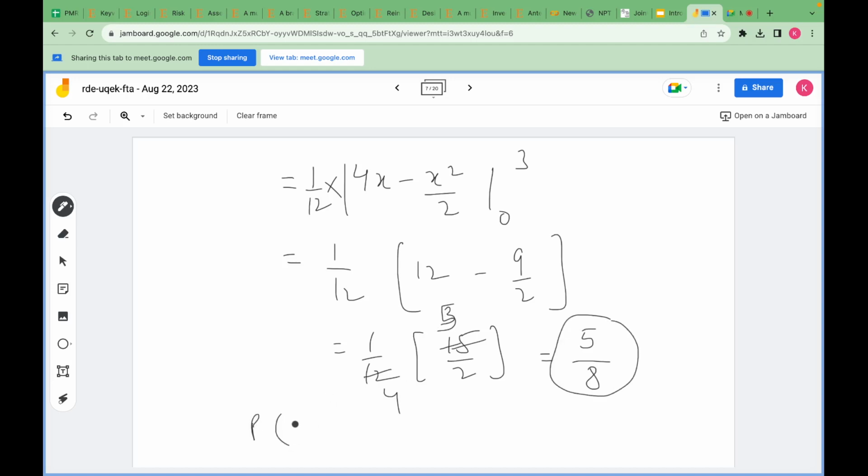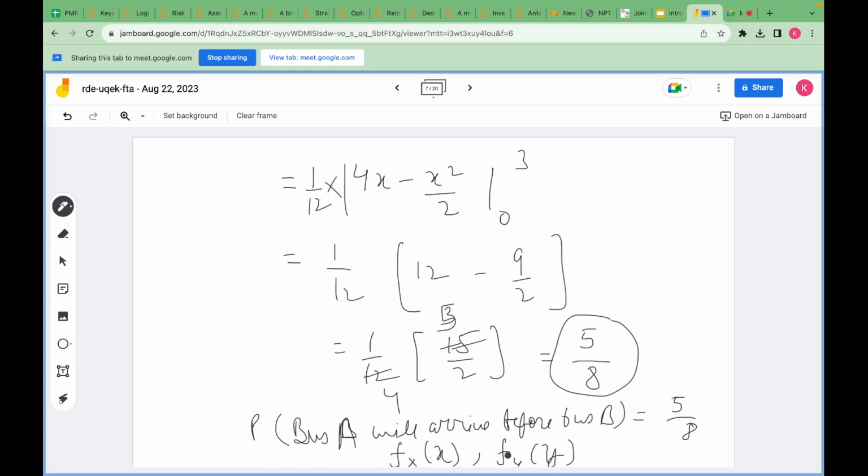So the probability that bus A will arrive before bus B is 5 by 8 for the probability distribution function of x as given.